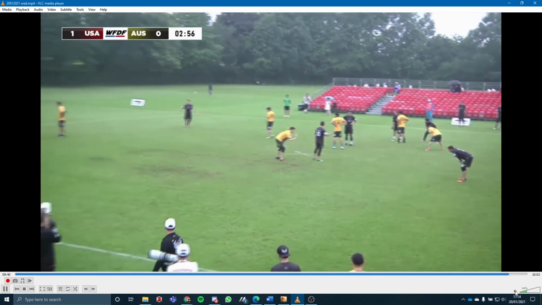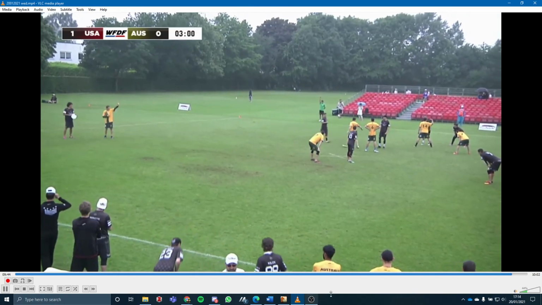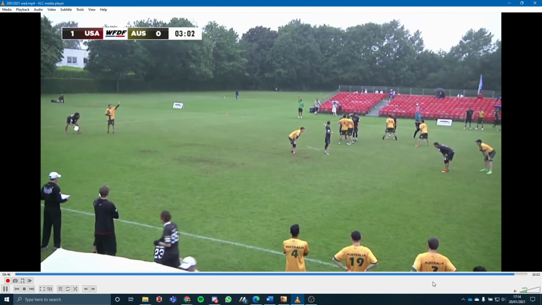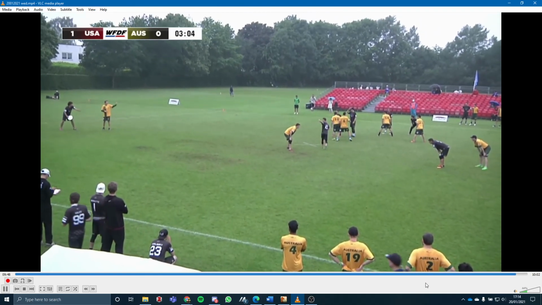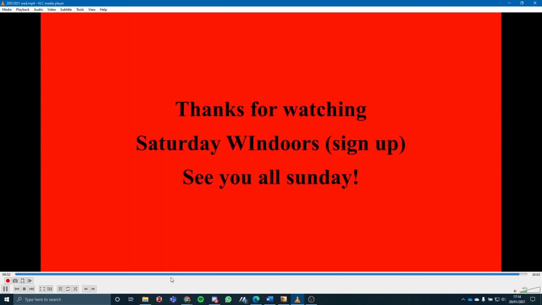The disc is going to go back. So early turn for the USA, looking to get this first break of the match. Yeah, so this goes back, and that's that.